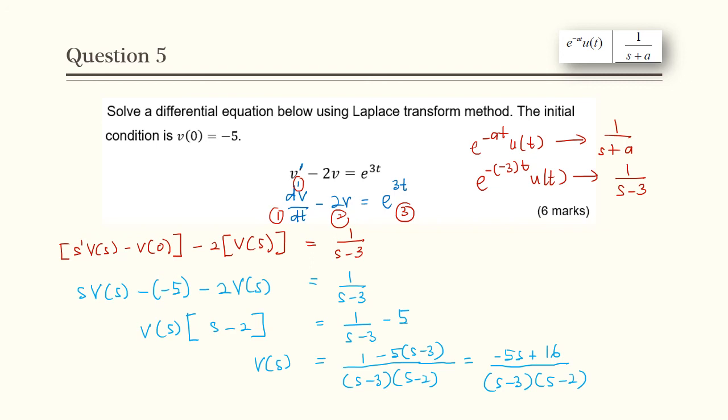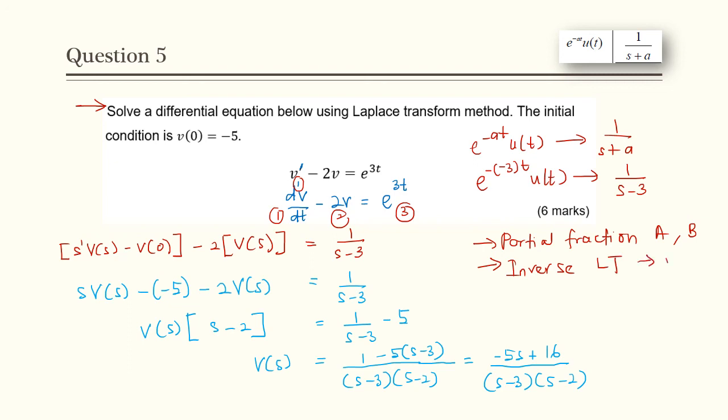So when the question asks you to solve, meaning that you need to get until the inverse Laplace transform, the equation in t domain. So you need to perform partial fraction. So next you need to perform partial fraction expansion as the other example that we have discussed earlier, to get what is a, b, and other parameters. And next you need to perform inverse Laplace transform. Then you get the equation in t.